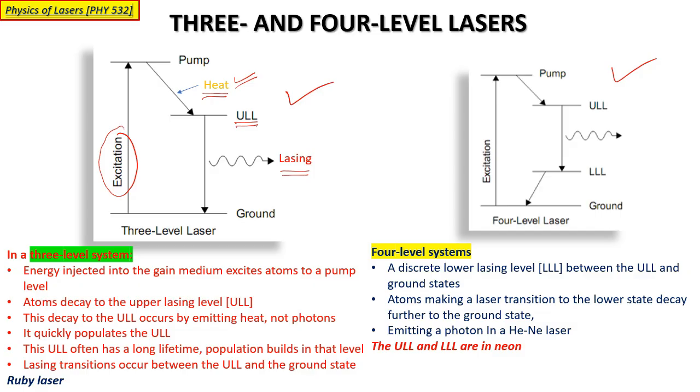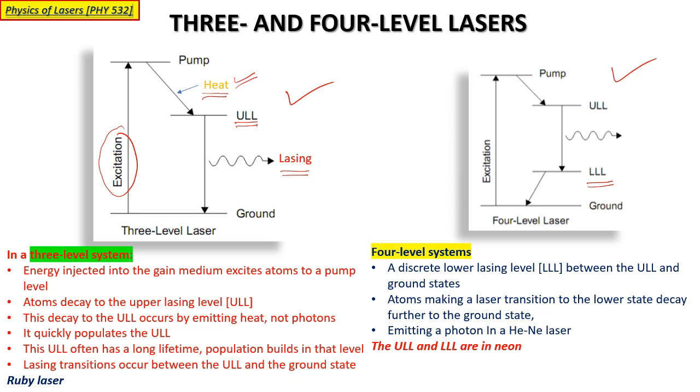What is population inversion, which we have studied already in the last chapter? The number of electrons is more here as compared to the other level, which we can call the low lasing level.